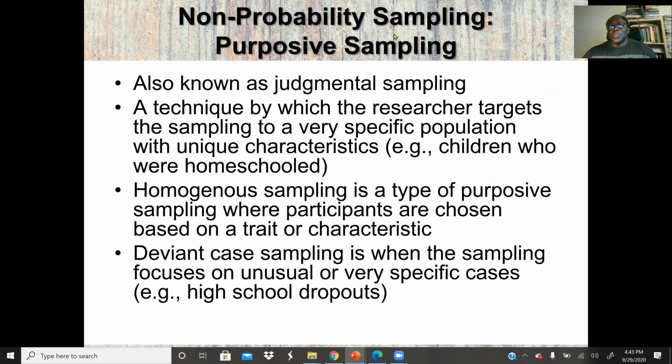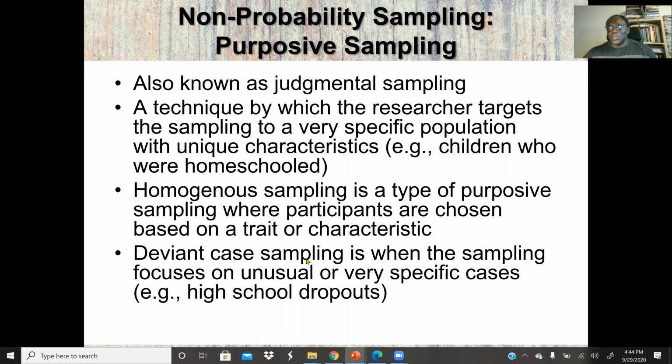The next non-probability sampling is the purposive sampling. Purposive sampling. So this is also known as judgmental sampling. Here, the technique by which the researcher targets the sampling to a very specific population with unique characteristics. Example can be, let's say, children who were homeschooled. Also, the homogeneous sampling is a type of purposive sampling where participants are chosen based on a trait or a characteristic.